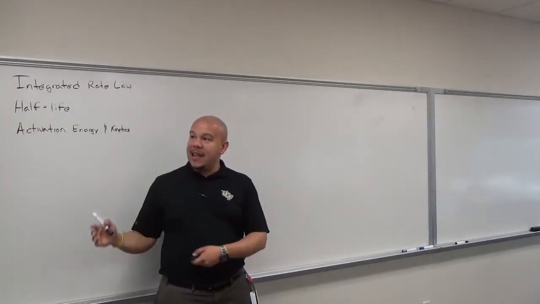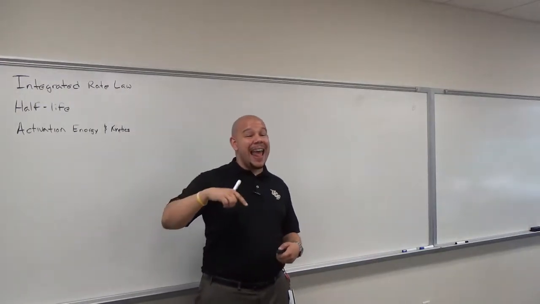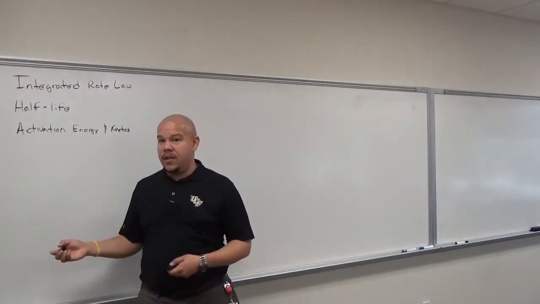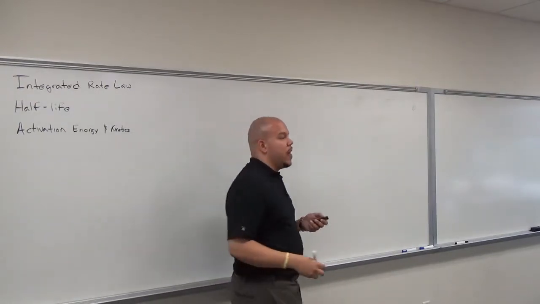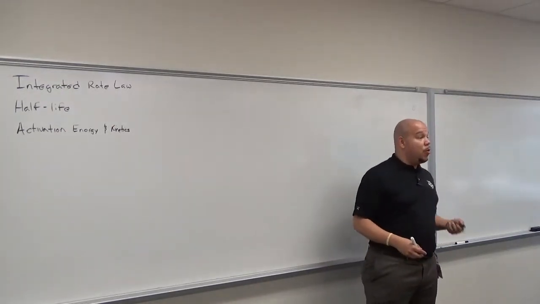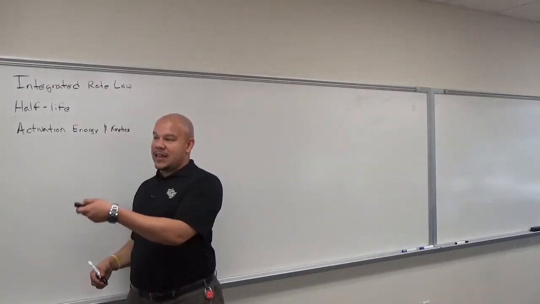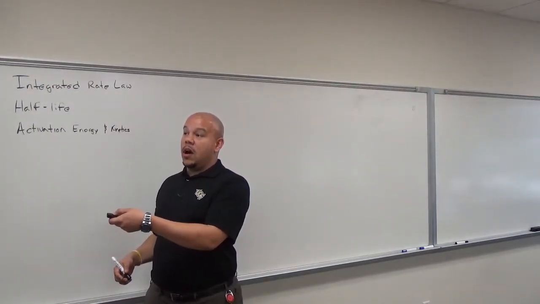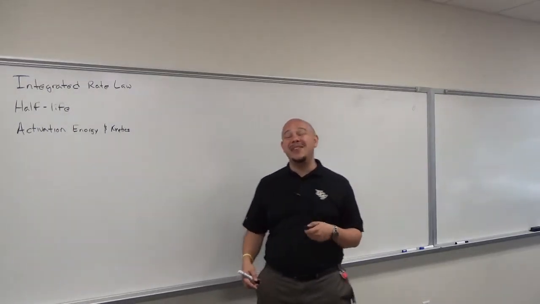But let's say that we wanted to know different concentrations at different times, then we need the integrated rate law. We can't do that without the integrated rate law. We can only know average and instantaneous. We cannot know the exact rate at different times. We cannot know different concentrations at different times given a k value.